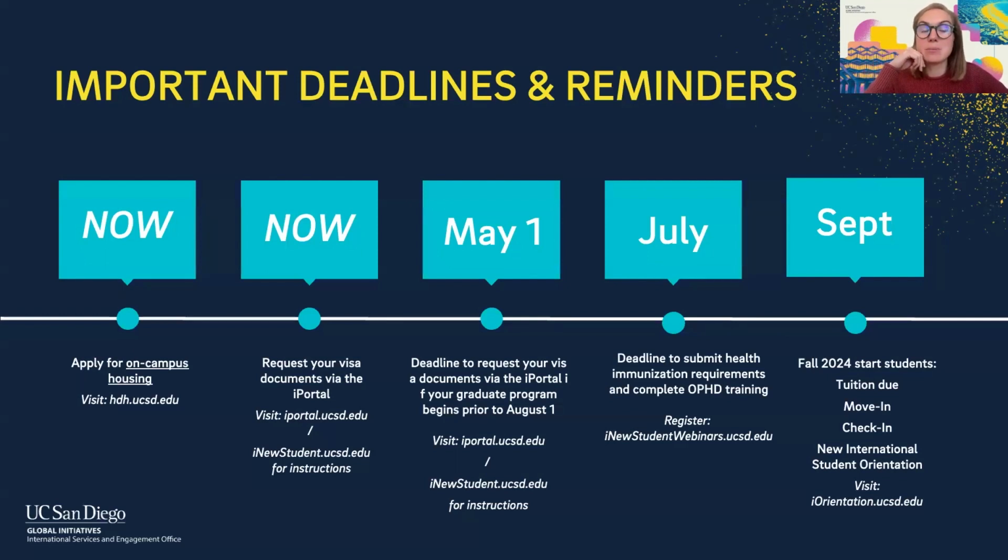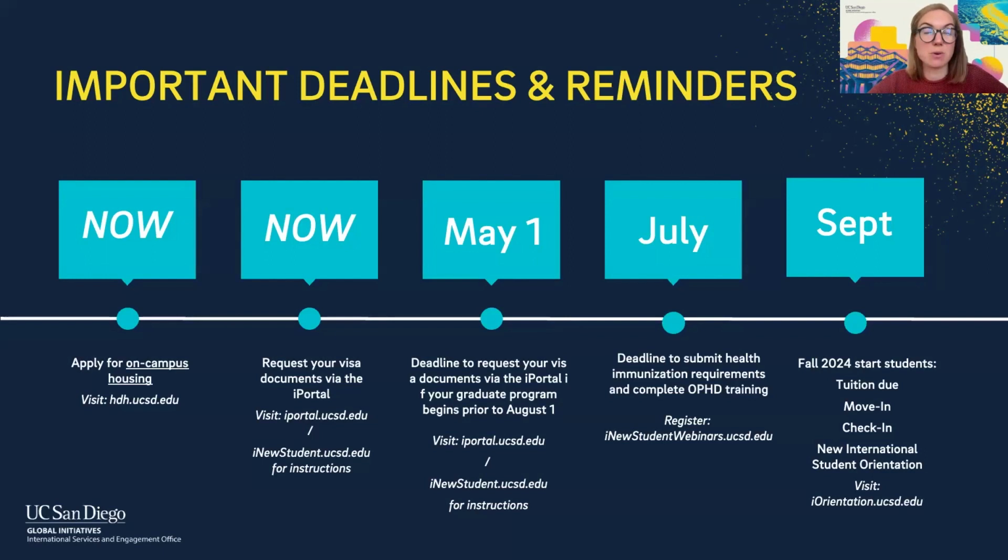You can also begin applying for your on-campus housing. Once you're admitted and you accept your offer of admission, you can begin to apply for on-campus housing at hth.ucsd.edu. A friendly reminder, May 1st is our internal deadline for requesting your visa documents if your graduate program begins prior to August 1st.